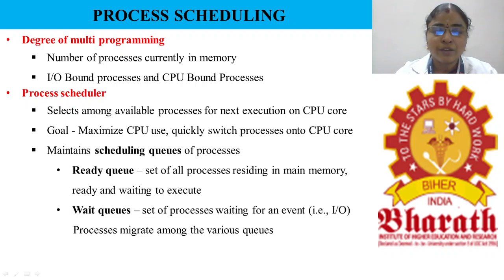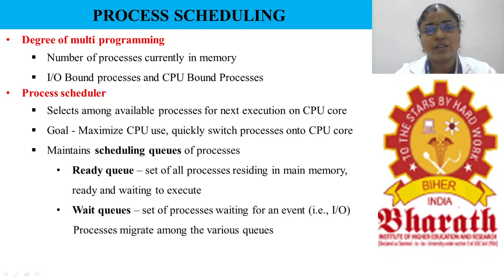Whenever the process scheduler selects a process for the next execution on the CPU, its goal is to maximize CPU use and quickly switch processes onto a CPU core. To achieve this goal, the process scheduler maintains scheduling queues of the processes.